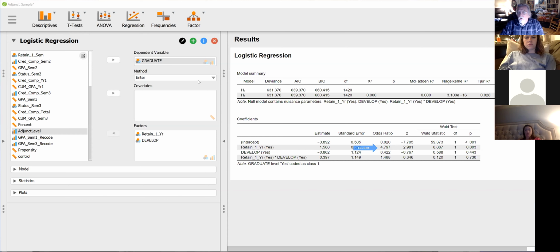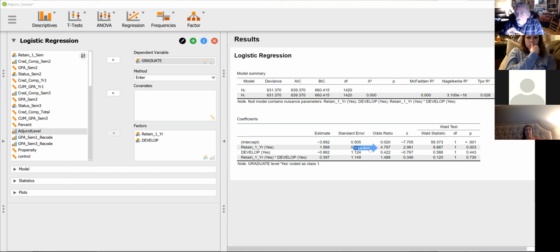And so the power of logistic regression is that not only does it allow us to look at predictors and figure out what might predict a particular outcome, in this case graduate or not, but once we find a significant predictor, we can then talk about the likelihood that as that predictor goes from 0 to 1, the outcome variable goes from 0 to 1.